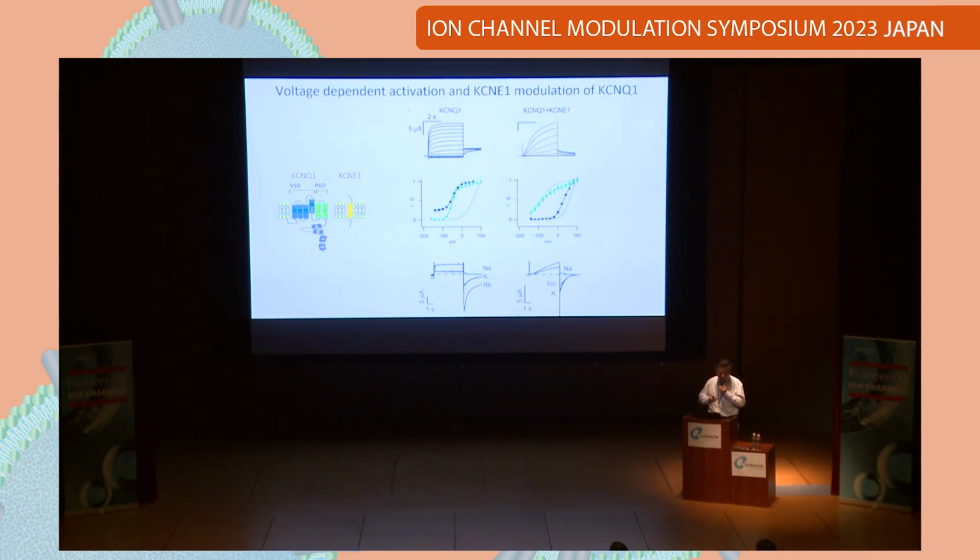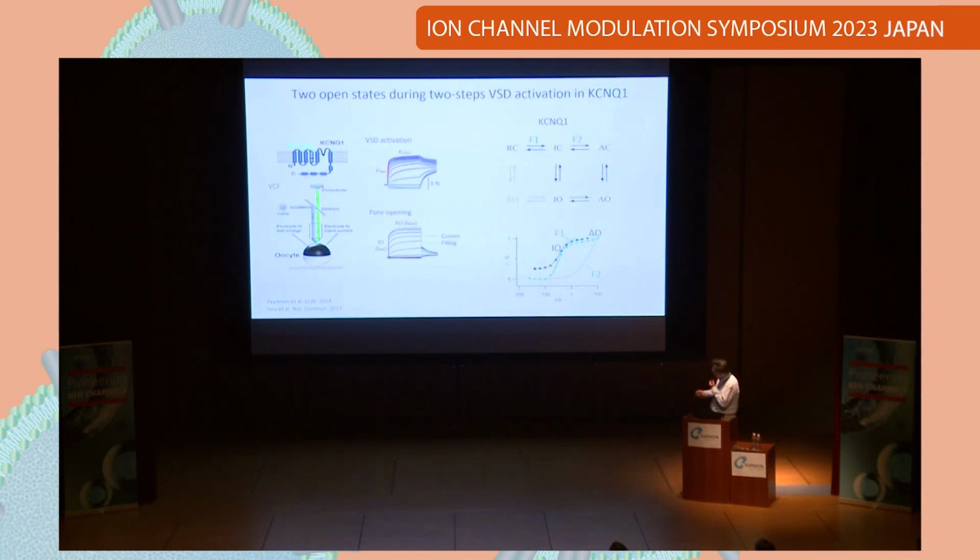Why? That was the question many years ago, and we did the experiment and published in 2004, trying to address this question. So we used voltage clamp fluorometry, which has been described by many speakers before me.